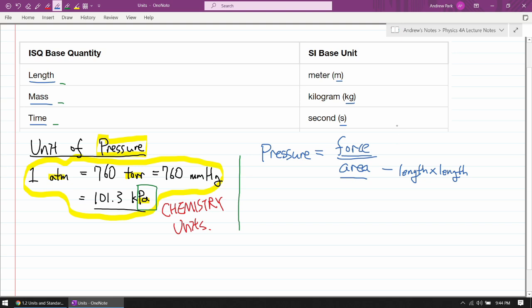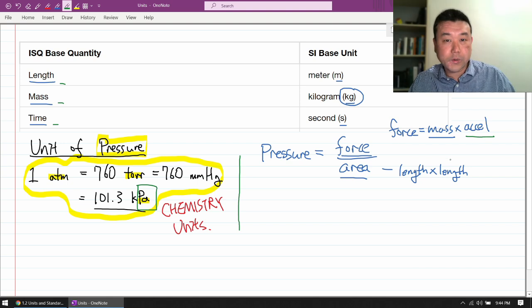So in a couple of weeks, you are going to learn about Newton's second law, which says that net force is equal to mass times acceleration. So mass is one of the quantities that we already have a unit for, kilogram, and acceleration is another quantity that we can express in terms of length and time. So we'll cover it in the coming week.